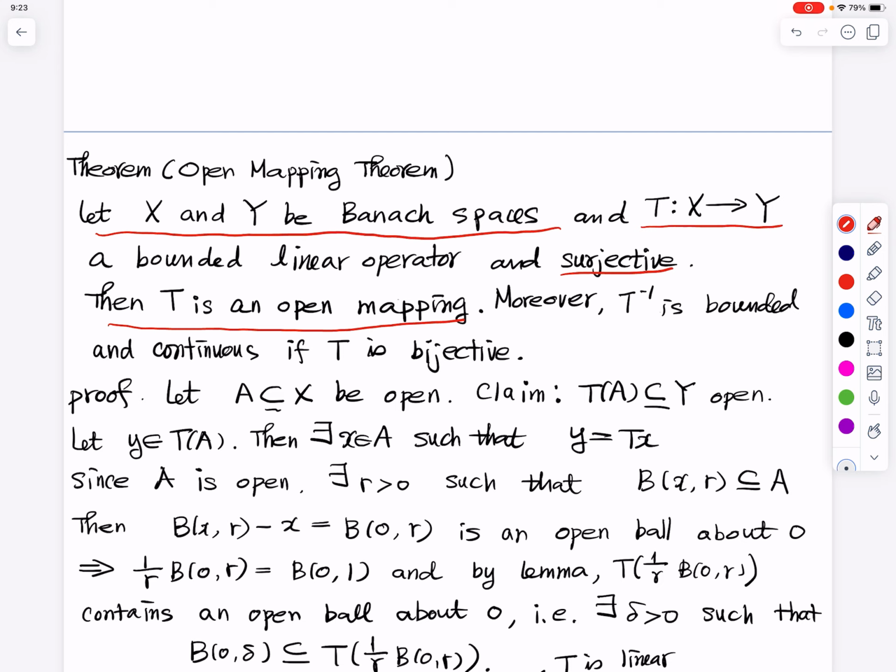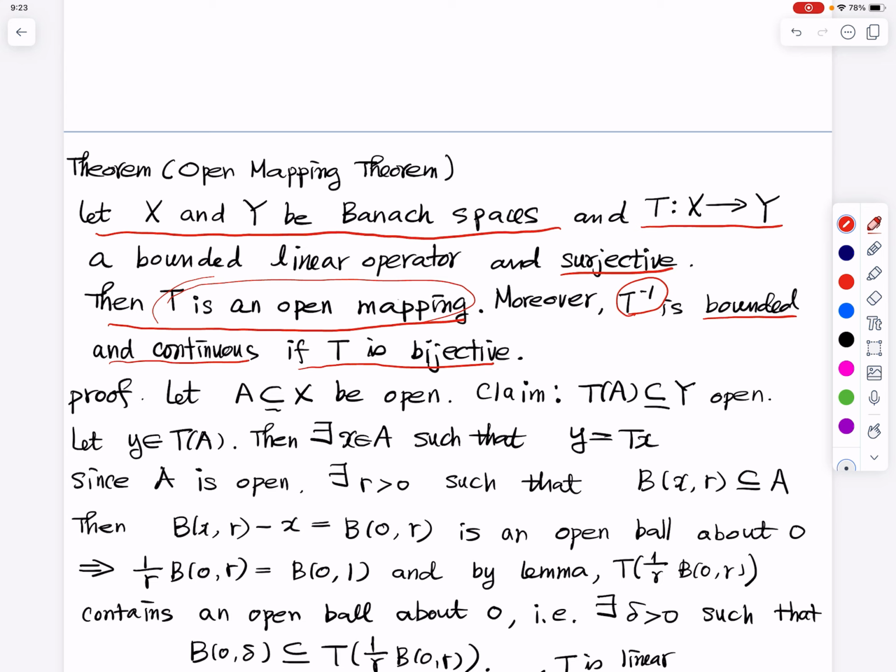Moreover, if T is bijective, then you can find the inverse operator, T inverse. And this T inverse is bounded and continuous by the previous statement, because T is an open mapping. So this is our goal to prove in this video.